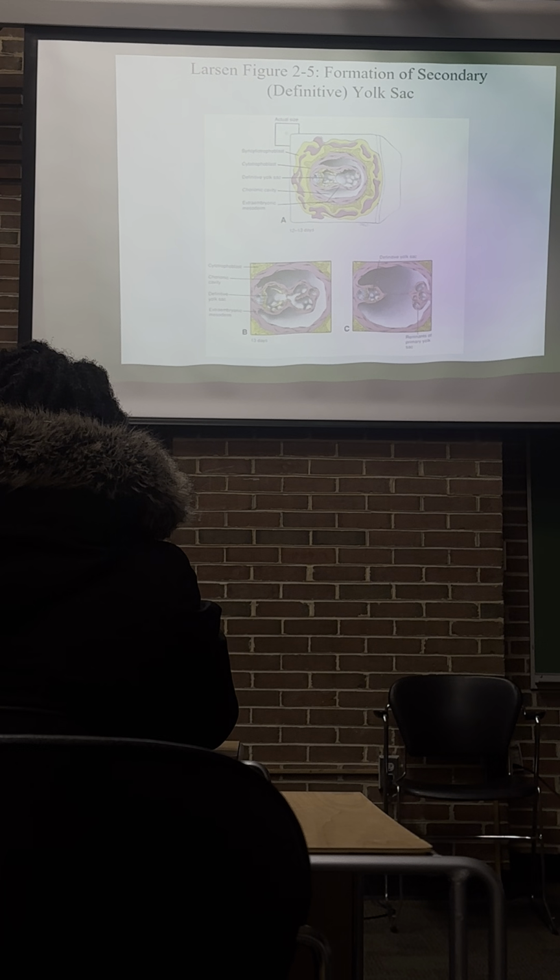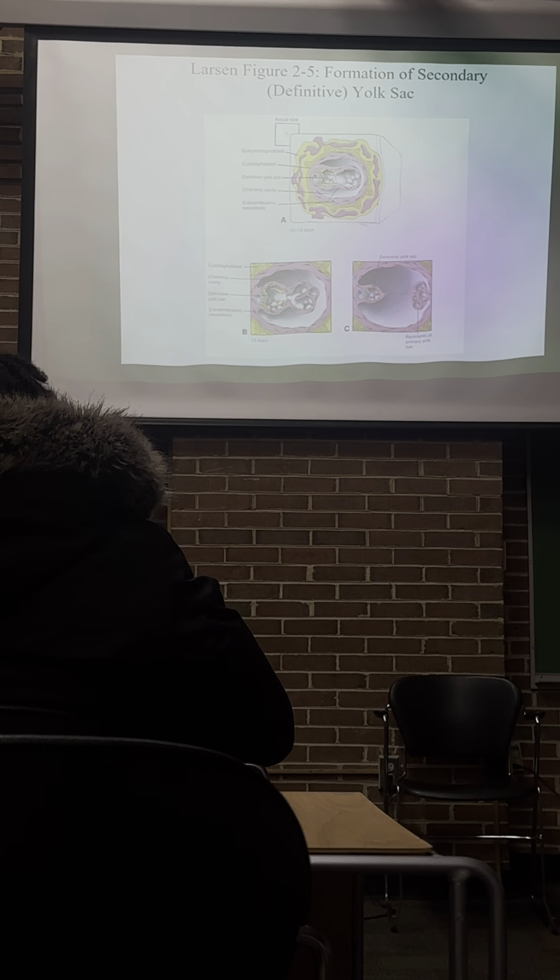Definitive. So there are two phases of yolk sacs. There's one phase of extra-embryonic mesoderm, and we're going to go into the third week, and we're going to develop intra-embryonic mesoderm. So this is the end of the pre-embryonic period.